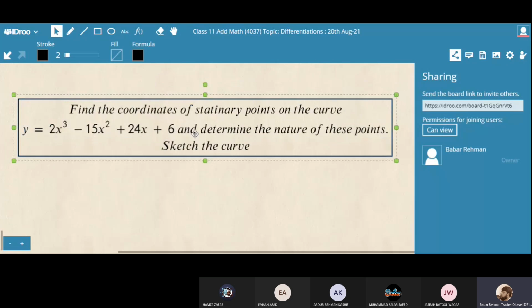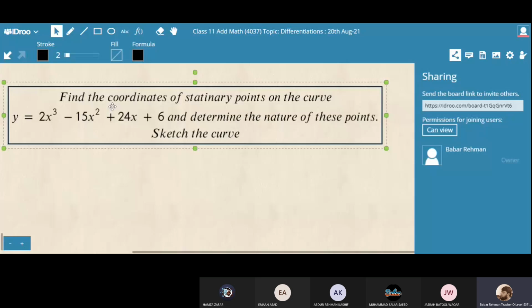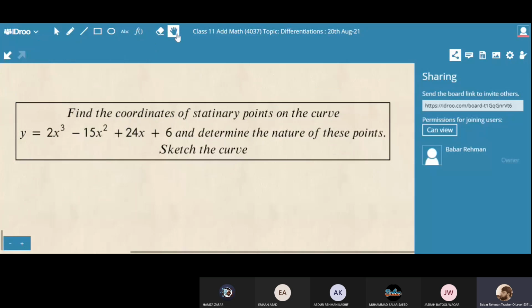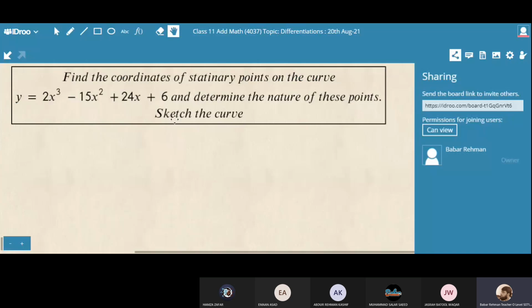Can anybody explain how we can do these questions? What is the first step?